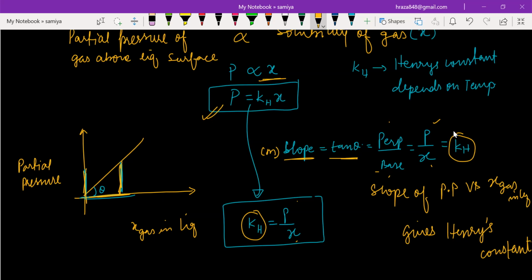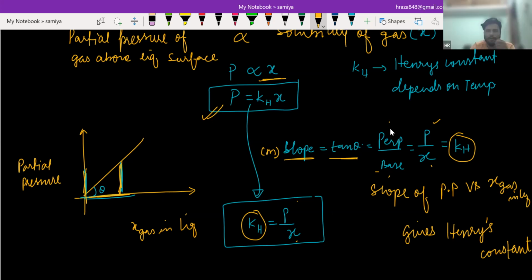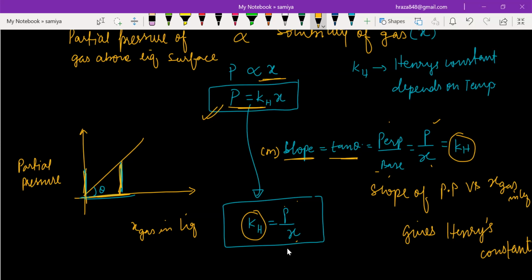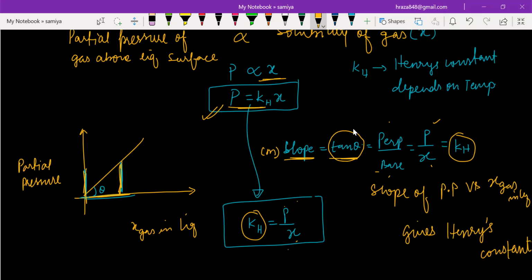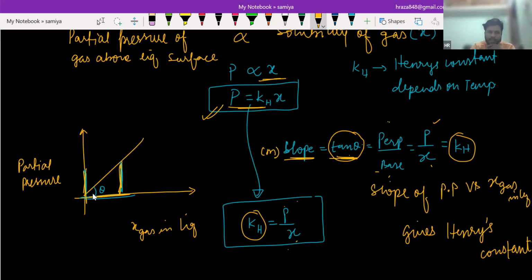So can you repeat? Yes, Samia, see. From this formula, what is the value of Kh? Kh will be P upon X, partial pressure upon mole fraction. Yes or no? And do you know what slope is? Slope is basically tan theta, perpendicular upon base.